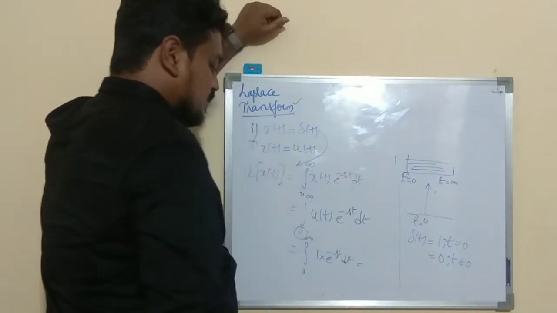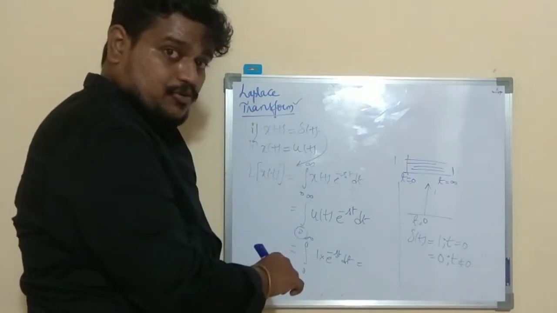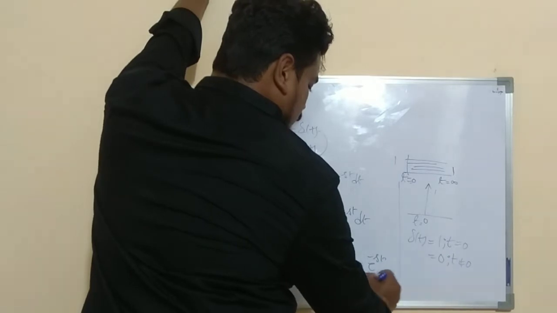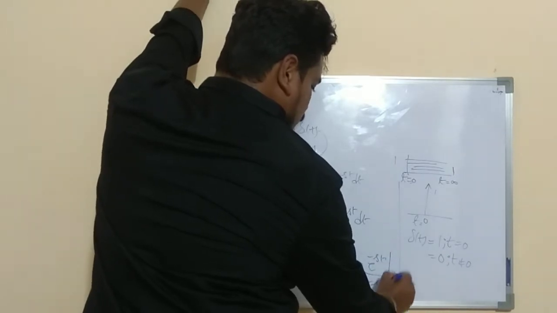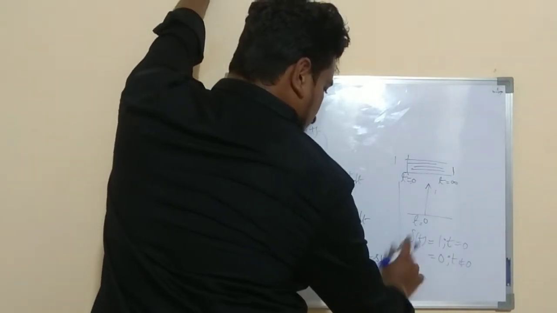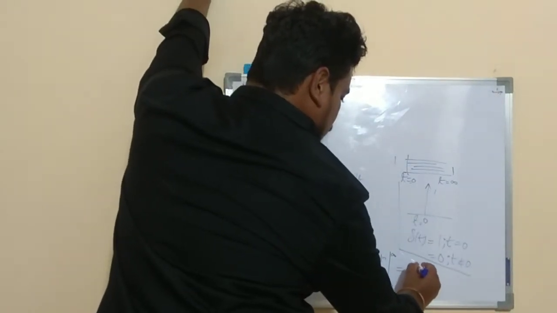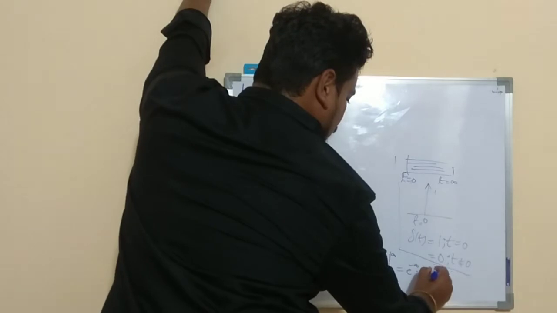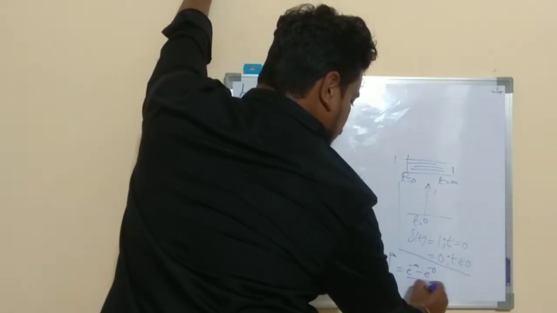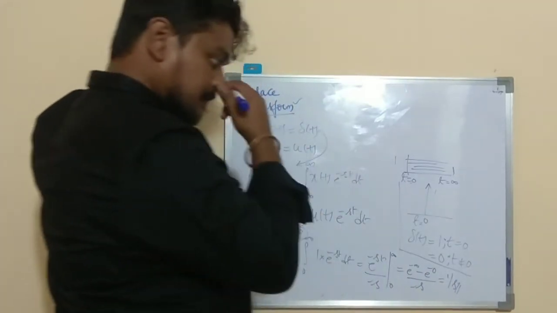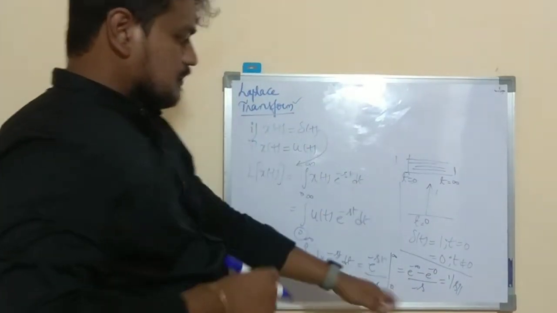So this becomes the integration of e power minus st, which, as I already told you, is e power minus st by minus s, ranging from 0 to infinity. So this becomes e power minus infinity minus e power minus 0, divided by minus s. So that becomes 1 by s. This is your answer.